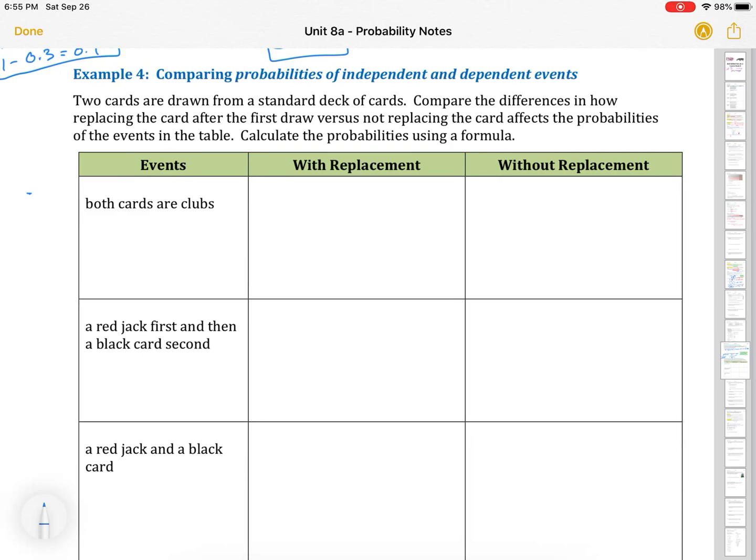Example number 4, comparing probabilities of independent and dependent events. So we're just going to compare. One situation is going to be independent and one will be dependent. If we have events here and we have replacement, it's going to be independent, right?